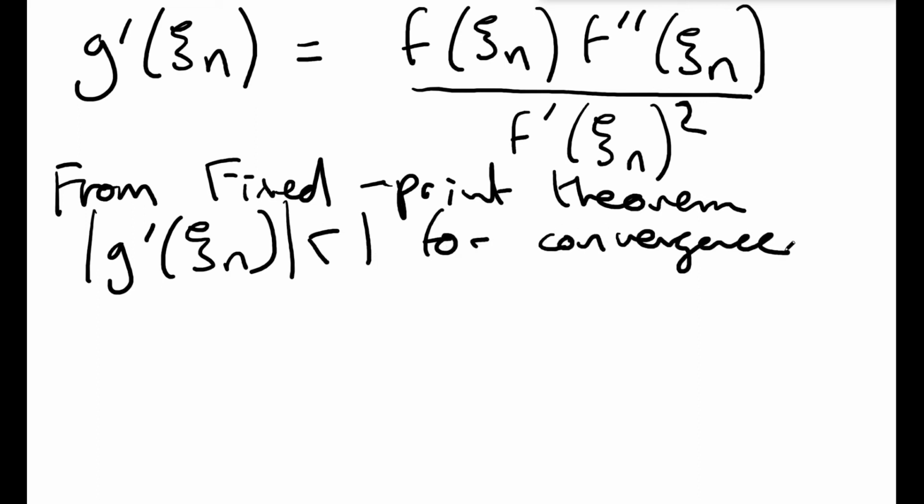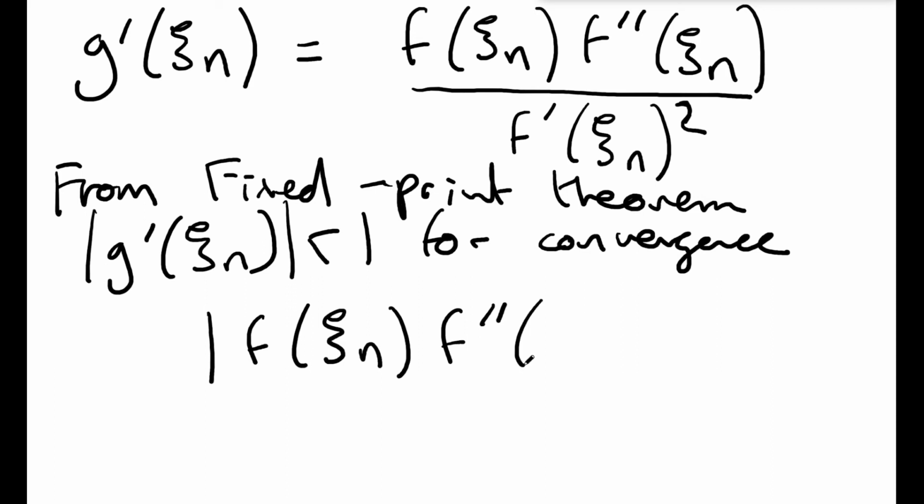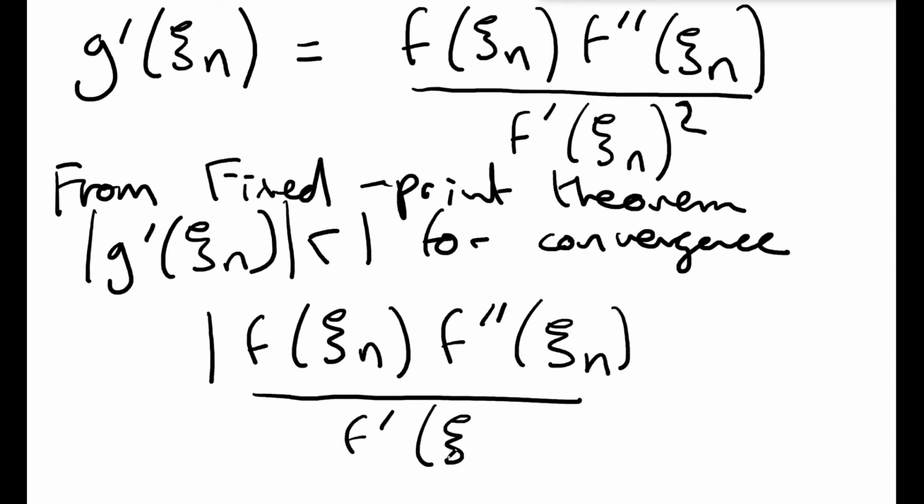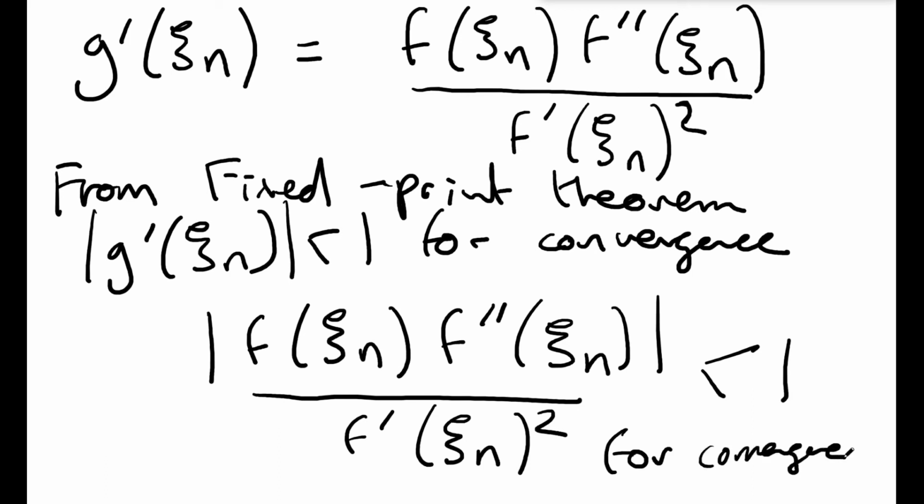So we've done this result near to the root. We've come up with something that looks like g prime, and we're using that. So now we can say that the modulus of this is less than 1 for convergence. So that's proving our theorem.